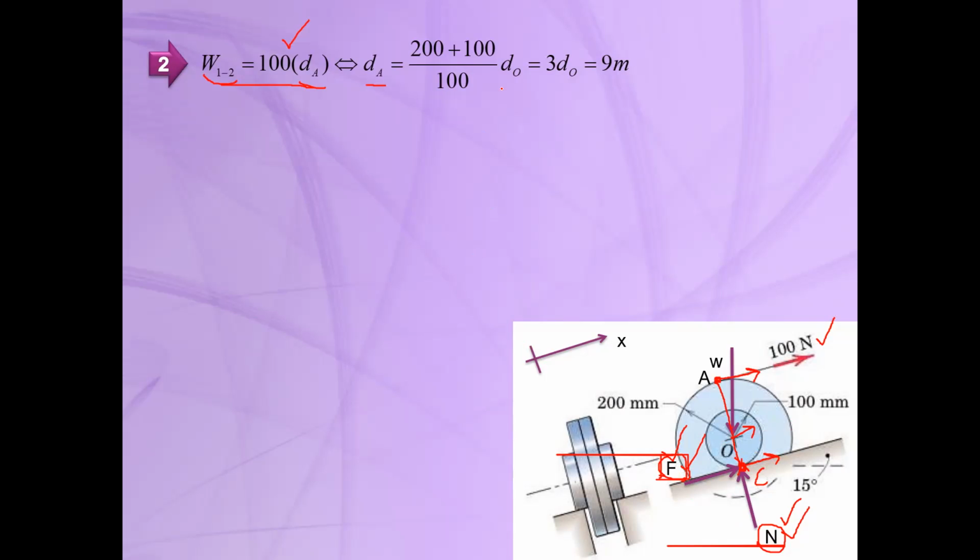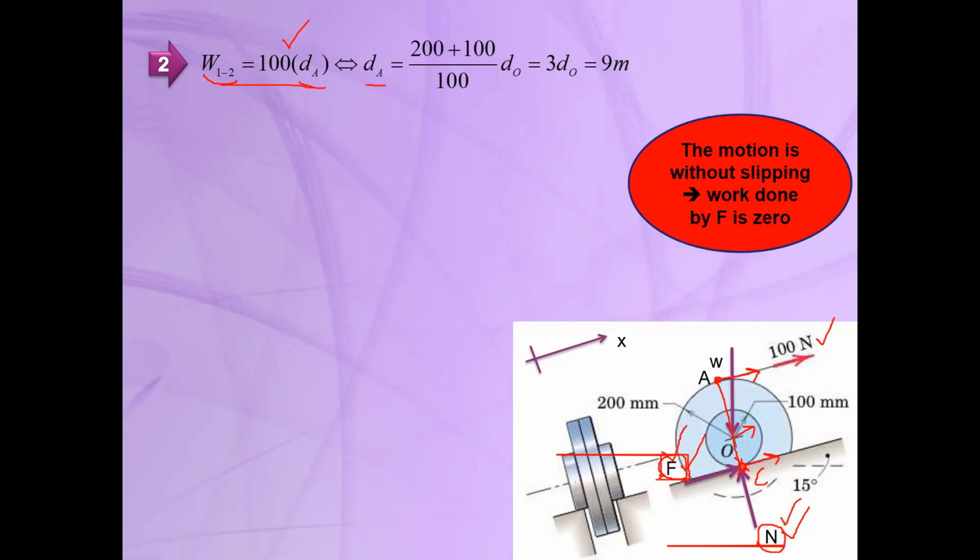Okay, so to obtain dA, the displacement of point A, we can use this triangle. Here, this vector is dA, and this length is dO.